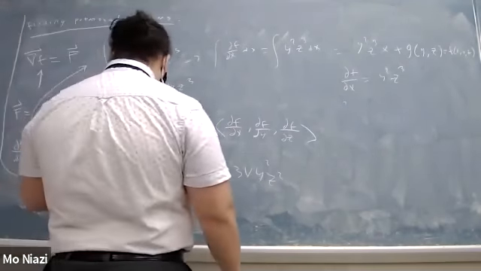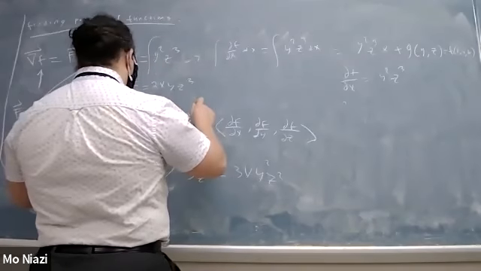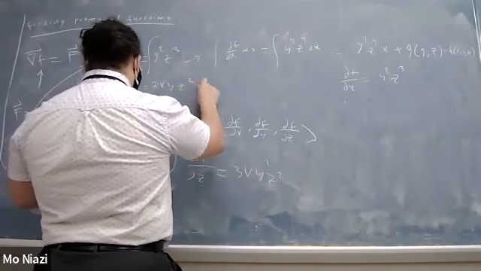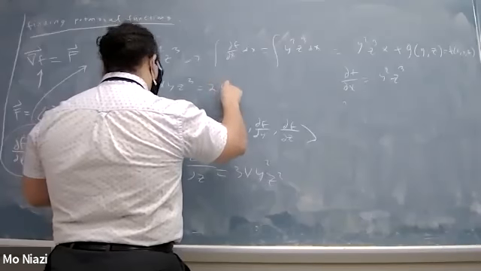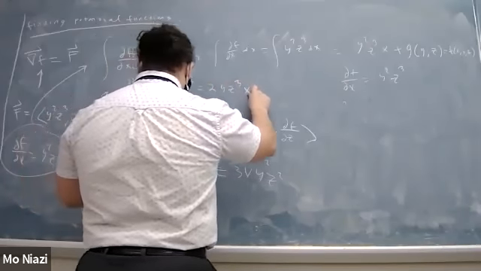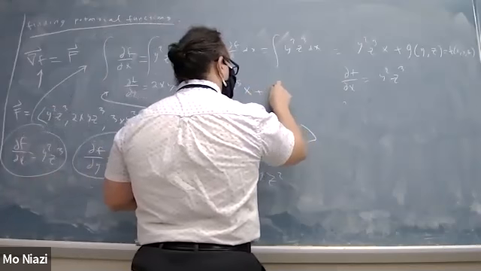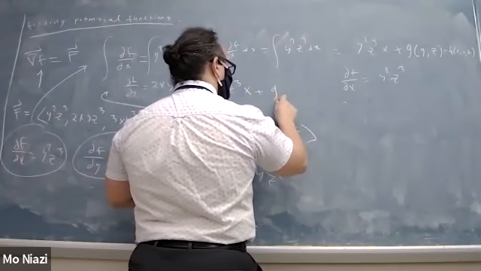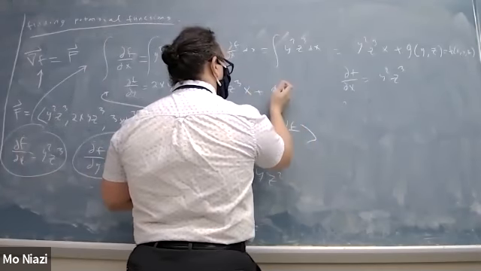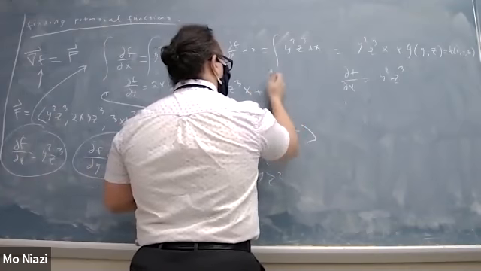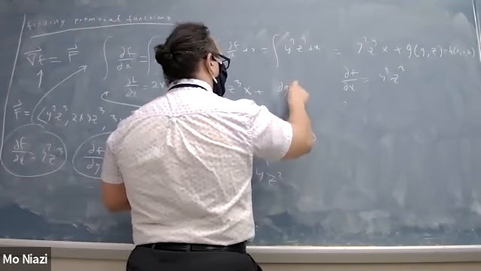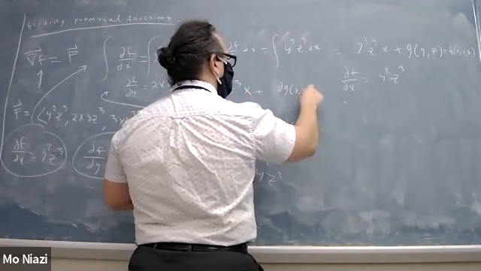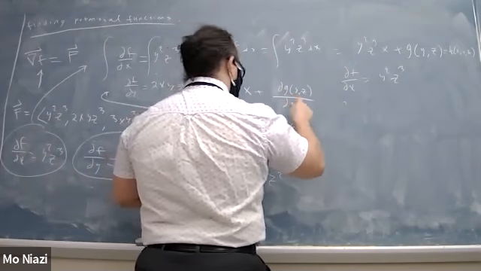Notice that partial f, partial y is equal to this, but it is simultaneously equal to 2yz cubed x plus g, with partial. So I would say partial g of y, z, partial y.